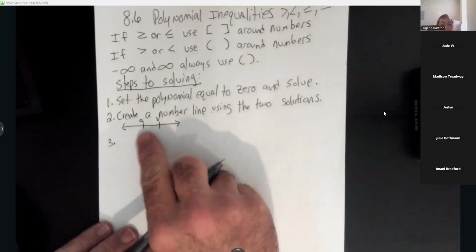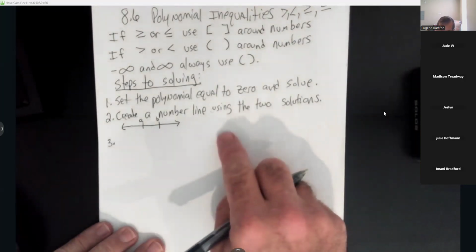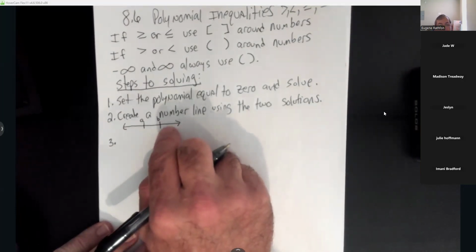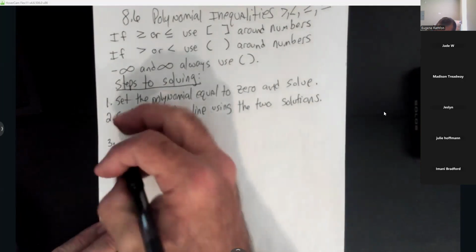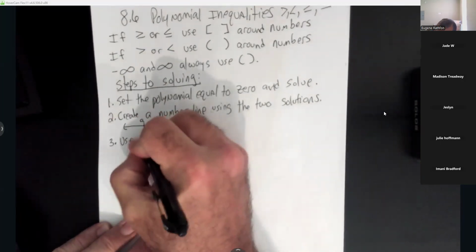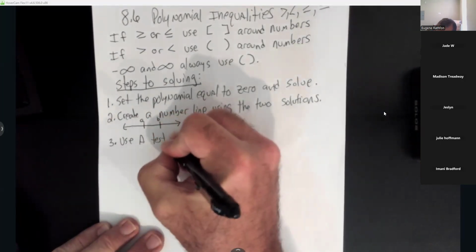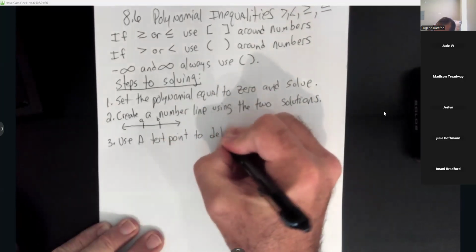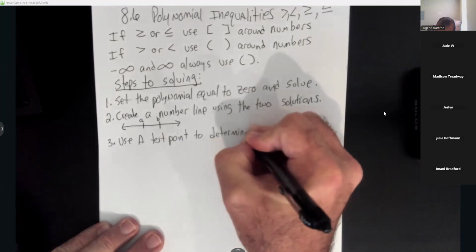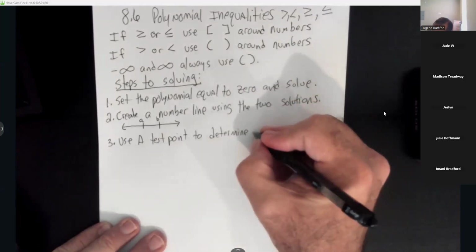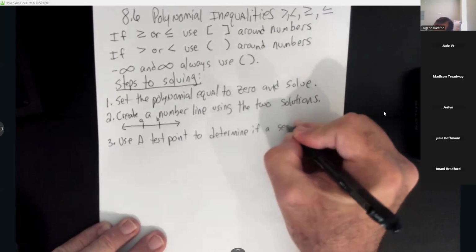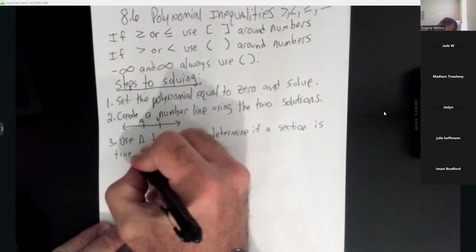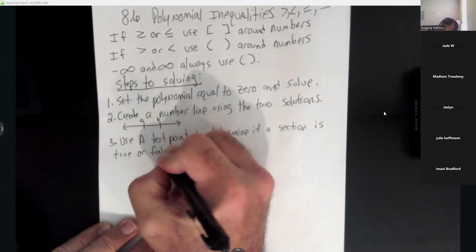Then I find a test point. Because what you got to do is test it and see what place we're going to shade. So I'm going to use a test point to determine if a section is true or false.